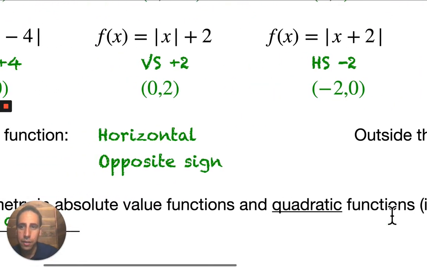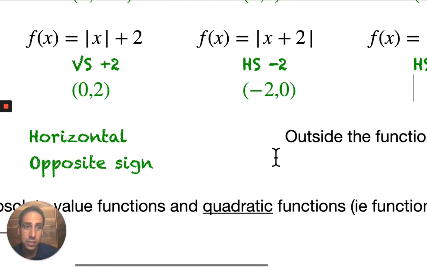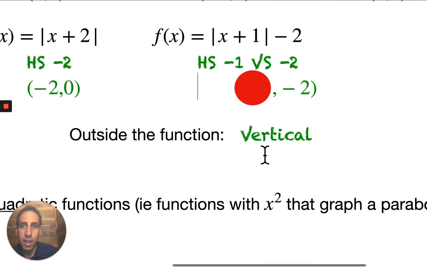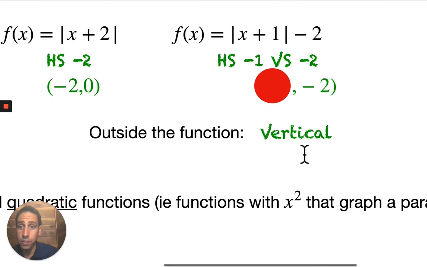In summary, if a number is inside the function, it's going to be a horizontal shift, and it will have the opposite sign if it's addition or subtraction. And if it's outside the function, it must have something to do with the vertical shift, or even a vertical dilation.